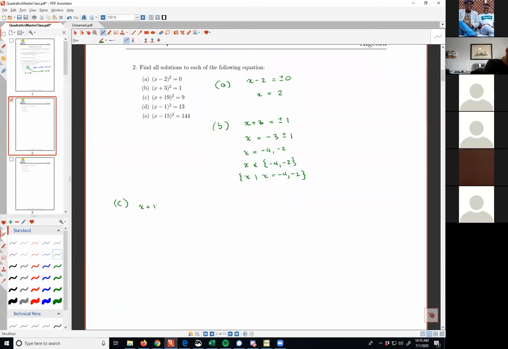X plus 19 equals plus or minus 3. X equals minus 19. Okay, part D. X minus 1 is equal to plus or minus root 13.